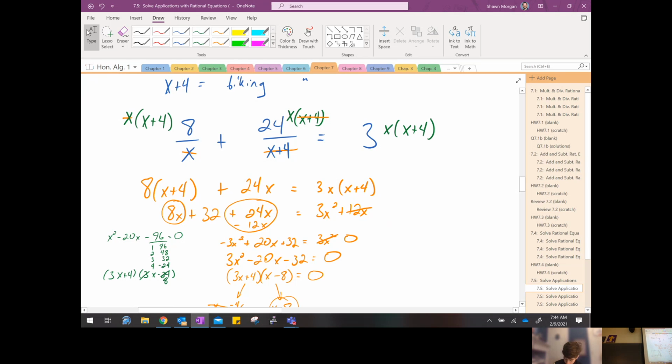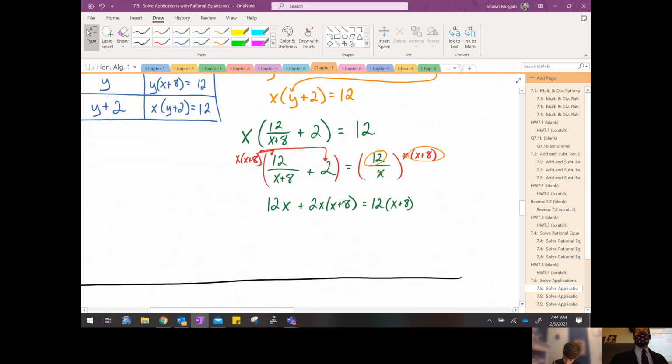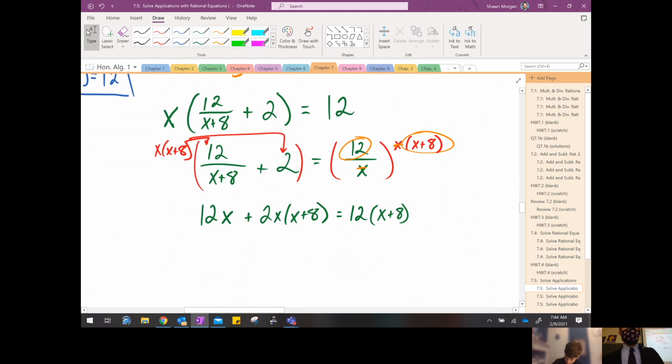Oh, look, there's a 24x. Oh, look, everything's left. Physically scratching things out, canceling things out after you write the LCD is a good basic step. And then once you get a little bit quicker, you don't have to physically write the LCD in every case. You can just mentally answer those two questions. What's canceling out and what's left over? Andrew, combine some like terms.